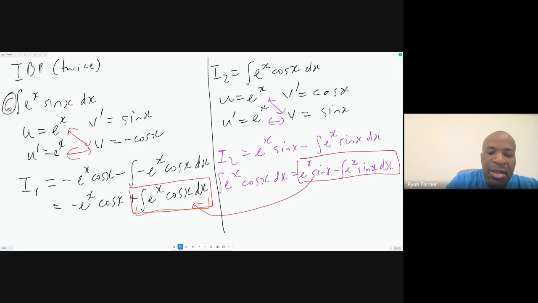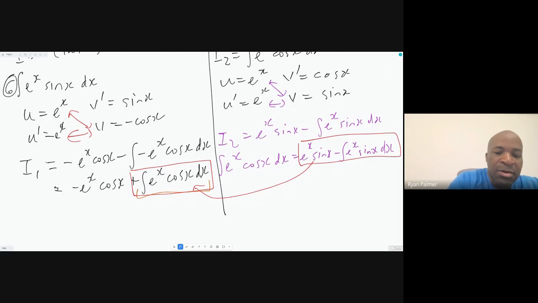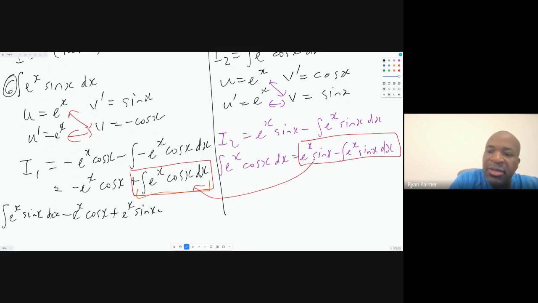Now we're going to have this equal to minus e to the x cos x, and let's start off by writing the integral of e to the x sine x dx is equal to minus e to the x cos x, and then plus e to the x sine x minus the integral of e to the x sine x dx.